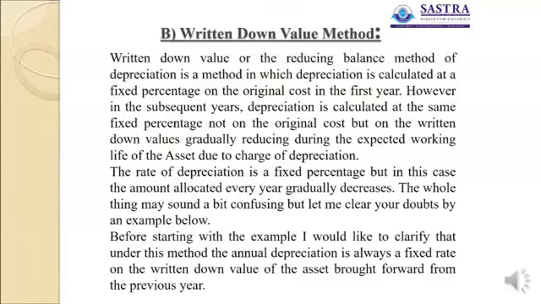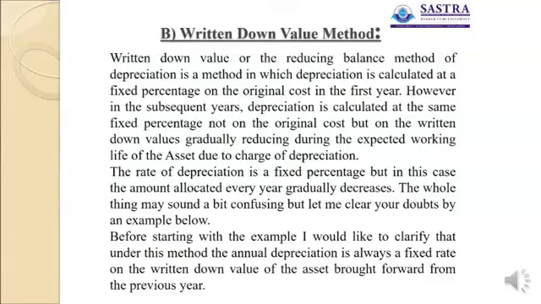One of the nuances of this written down value method is that depreciation will be higher at the start, whereas depreciation will be much lower at the end, in the subsequent years. The whole thing may sound a bit confusing, but let me clear your doubts by an example below.